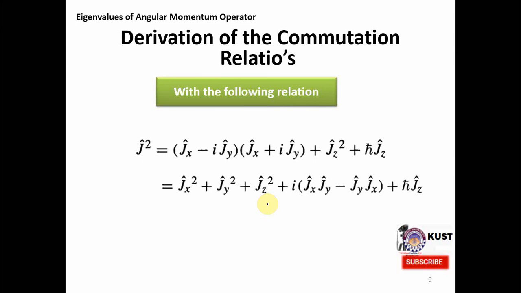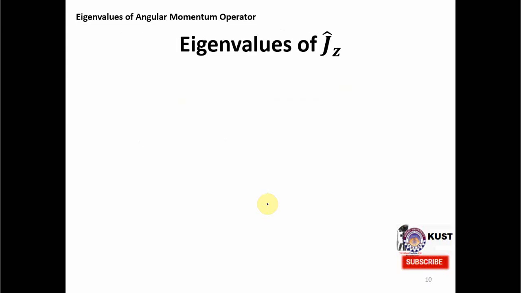So let's now start deriving the eigenvalues of j, and as is customary, we will do it with jz. As I already mentioned, j square and any component of j, for example jz, actually commute, therefore they have common eigenvalues. So if we derive the eigenvalues for one of them, then we just have to prove that the same eigenvalues are true for j square as well. We decide to derive it through jz because it's a little bit simpler.